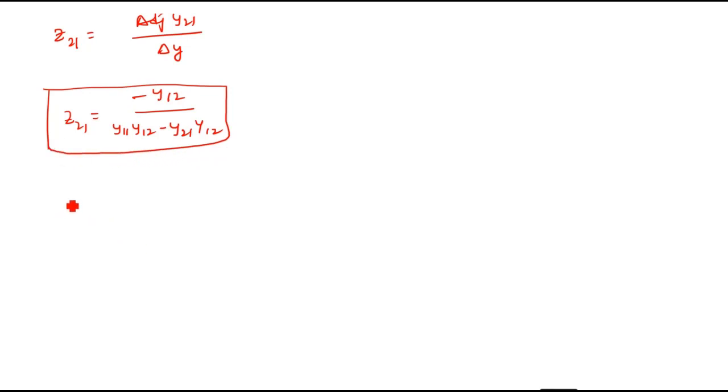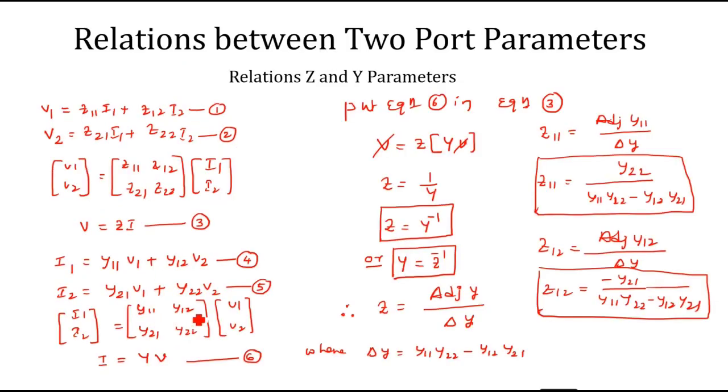All right. What is Z22? Z22 is adjoint of Y22 divided by determinant of Y. Adjoint is the transpose of the cofactor of the matrix. Minus 1 raised to i plus j, where i is 1, j is 1, 1 plus 1 is 2, minus 1 raised to 2 is plus 1.